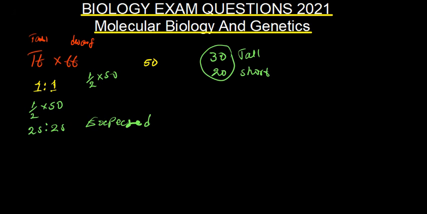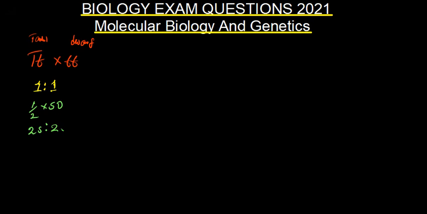This is where you have to calculate the chi-square value. This is the first step we should take. After you calculate the chi-square value, we're going to go step by step on how to calculate it. Here I'm just giving you an overview of what you are supposed to do in all questions involving chi-square.